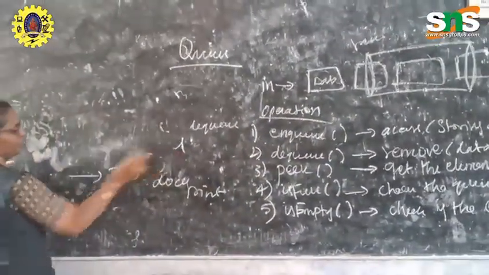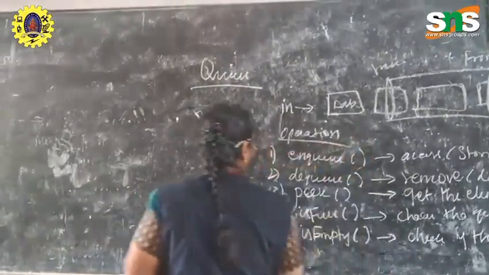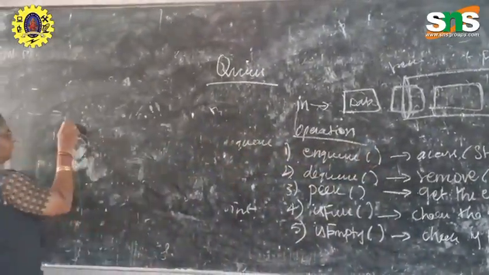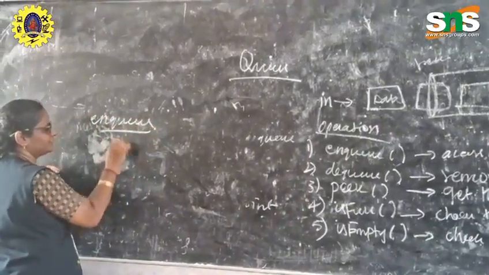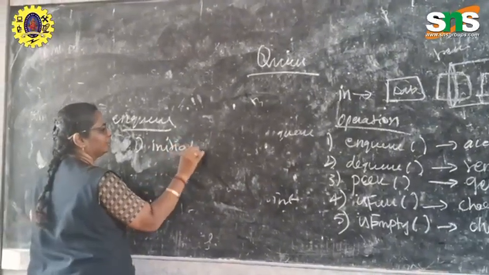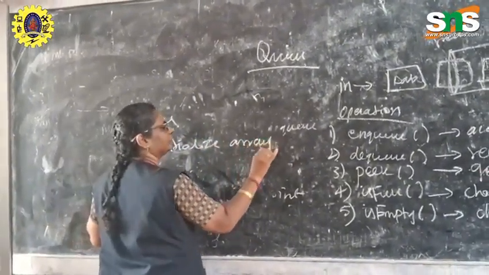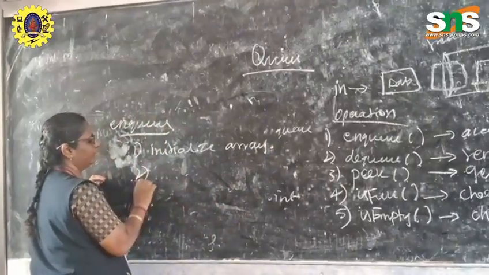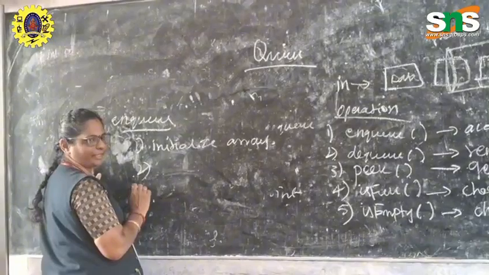Now the NQ algorithm. First it will initialize the array, then we have to declare 2 types of variables.